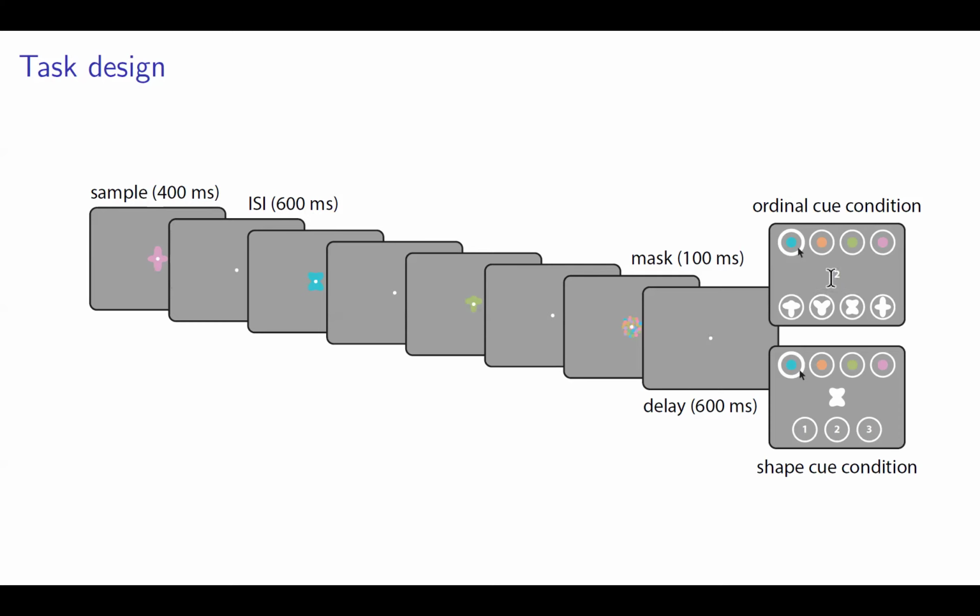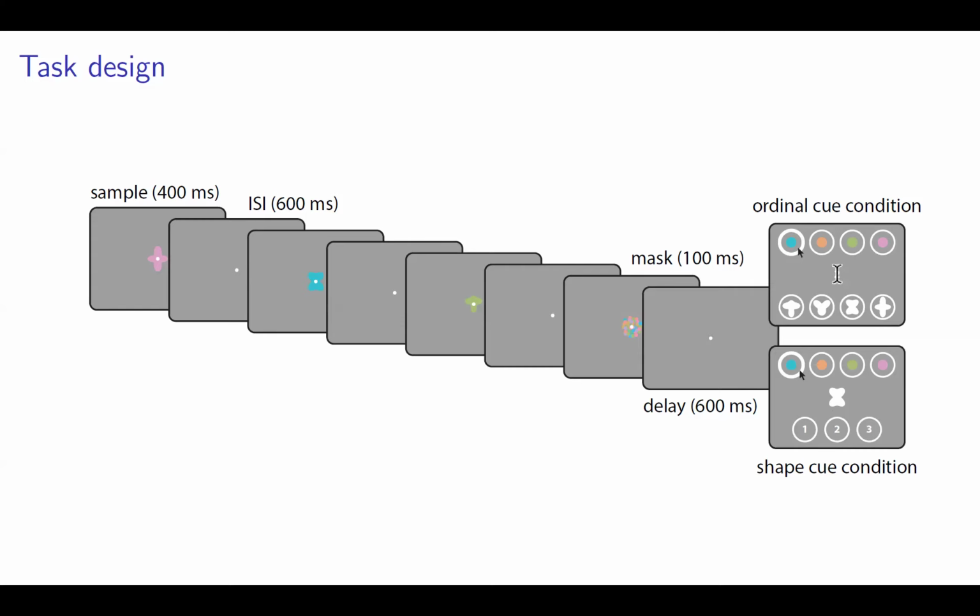So we could cue with an ordinal position, so 1, 2, or 3. And participants then had to select the color of the item presented there and its shape. Or we cued with a shape, and participants had to report again the color and then the ordinal position, so first, second, or third item.